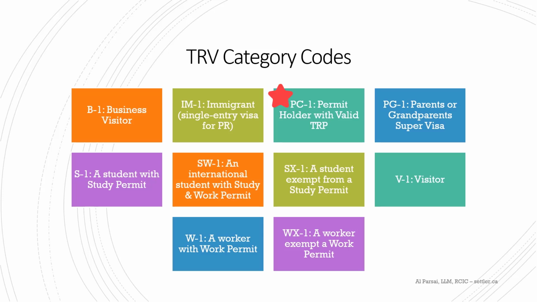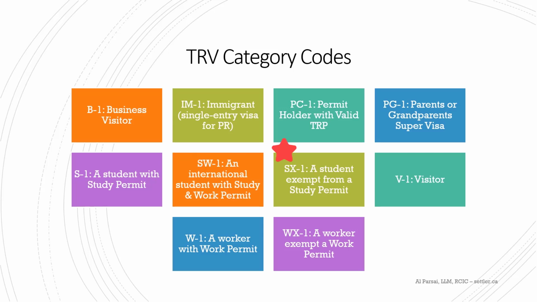Or PC-1 is for somebody who holds a valid TRP and wants to travel to Canada. PG-1 is for super visa. S-1 for somebody who will receive a study permit at the port of entry or who already holds a study permit. SW-1 means somebody who is an international student with both a study permit or work permit.